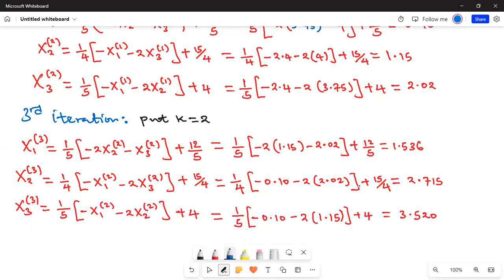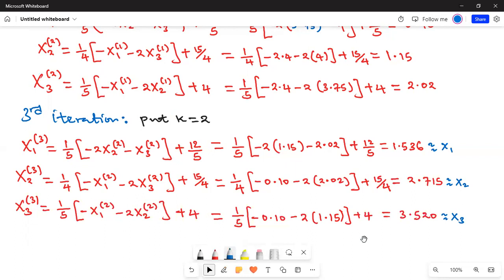So therefore, this is the approximate value of x1 after the 3 iterations. This is x2, and this is x3. So I think the second method is easier than the first method, but always choose the method that is easier for you.